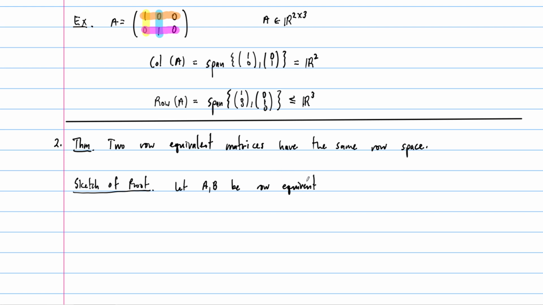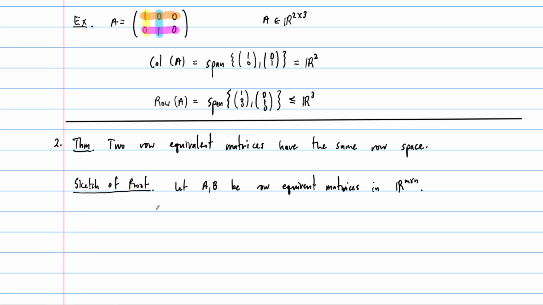So let A and B be row equivalent matrices in R, let's call this M by N. All right, and we want to show that they have the same row space. Well, how do we do that?